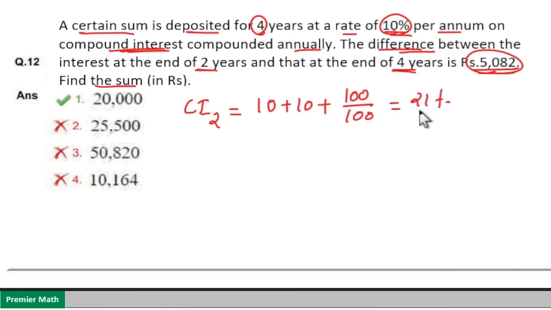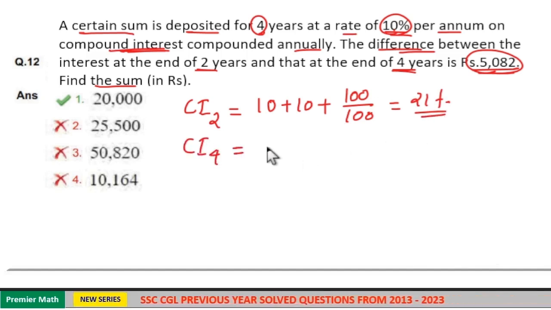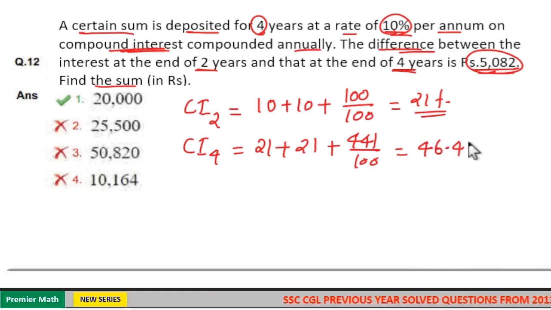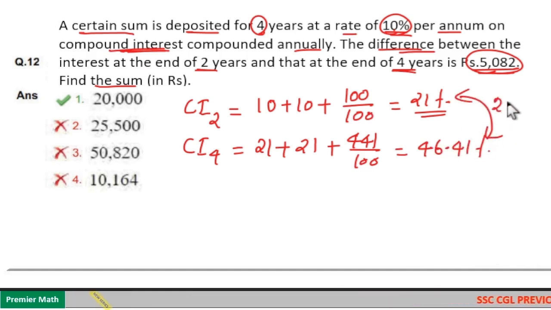For 2 years, compound interest is 21%. So compound interest for 4 years will be, consider for 1 year it is 21, again next 1 year it is 21. So 21 plus 21 plus 21 into 21 is 441 divided by 100, which is equal to 46.41%. Now the difference here is equal to 25.41.